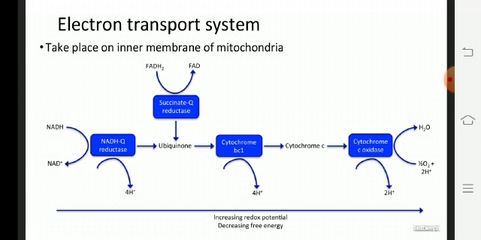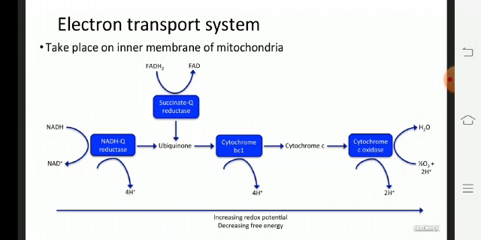What are these cytochromes? First we should know about cytochromes. Cytochromes are iron containing proteins. Here continuously there will be oxidation and reduction, where the iron, the ferrous, is oxidized to ferric.